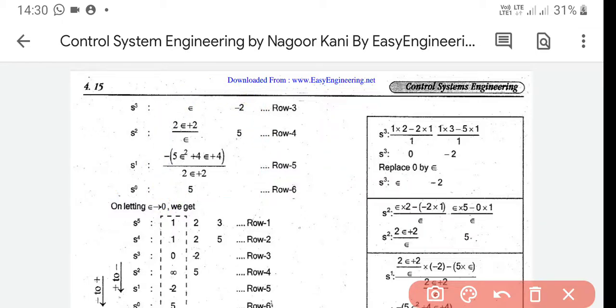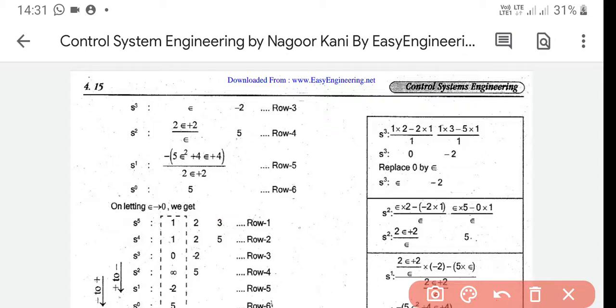Okay, now after that what do you have to do? For finding the exact values, you have the elements in the form of epsilon, so you have to find the exact values of the given row array. So once again you have to replace this epsilon with a 0.